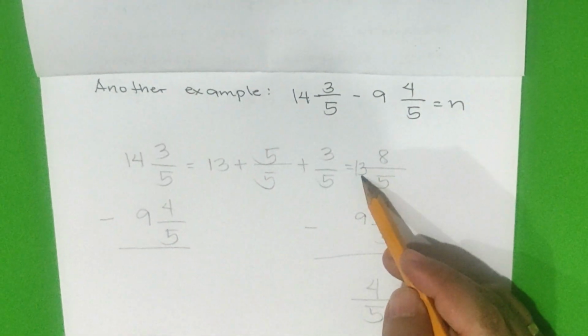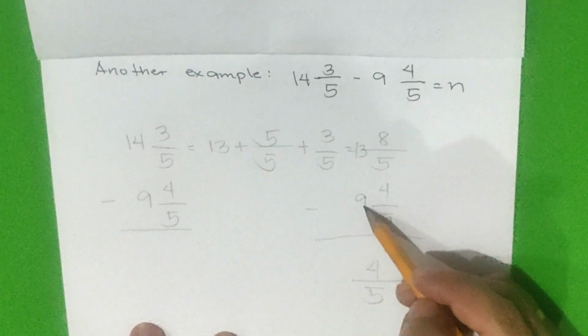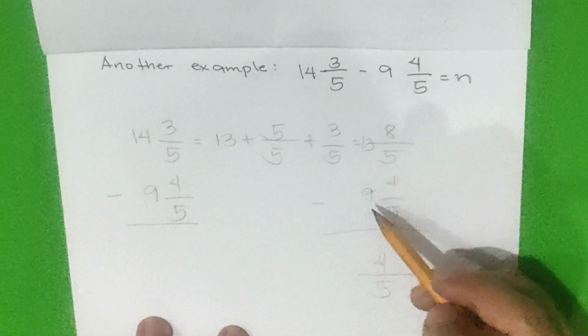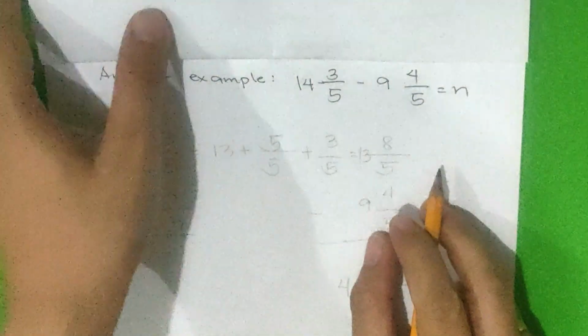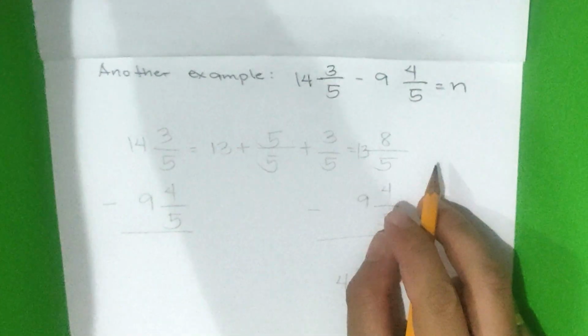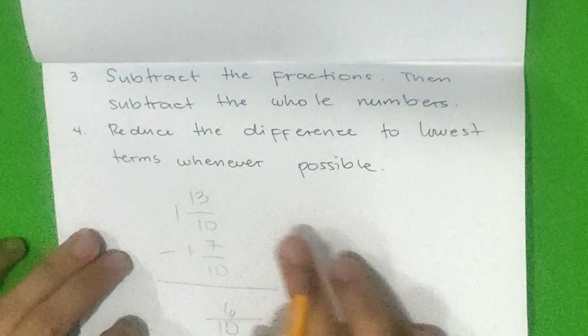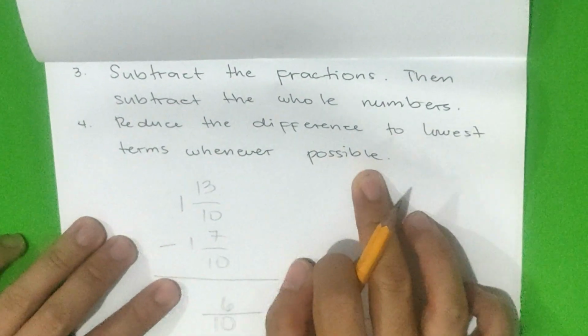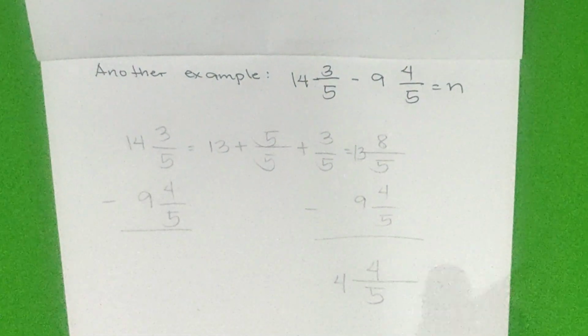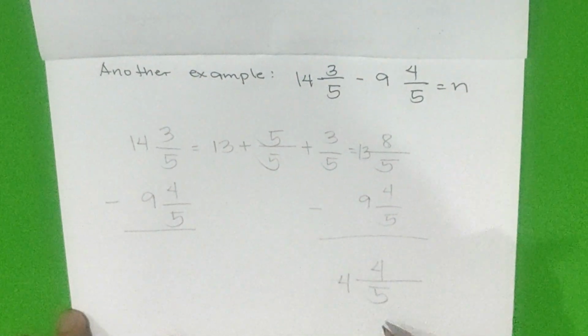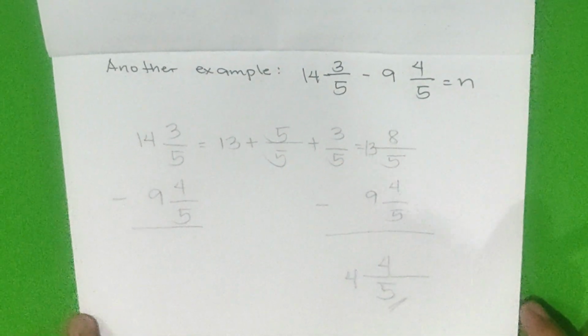Let's subtract 13 and 9. 13 minus 9 is equal to 4. So the last step is to reduce the difference to lowest terms whenever possible. Since our difference is at its lowest term, no need to do that. And this will be our final answer.